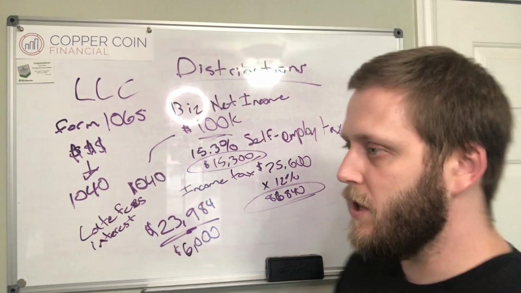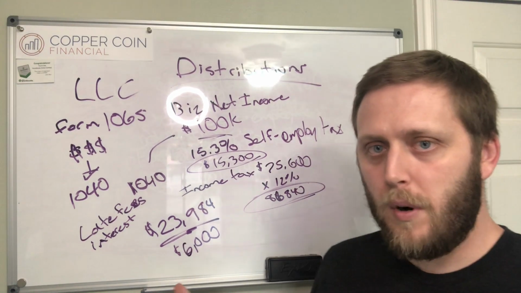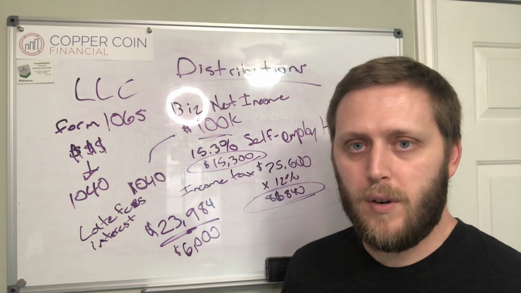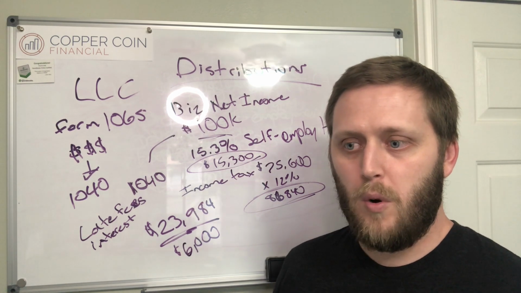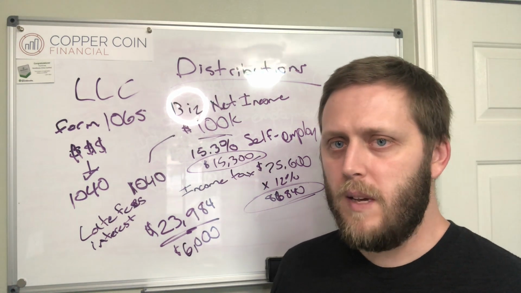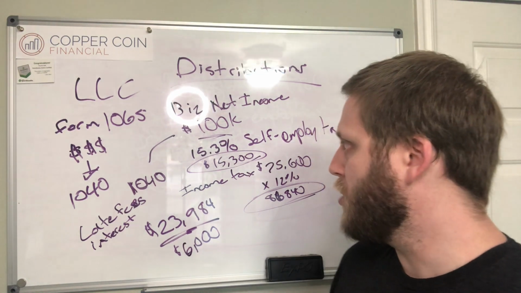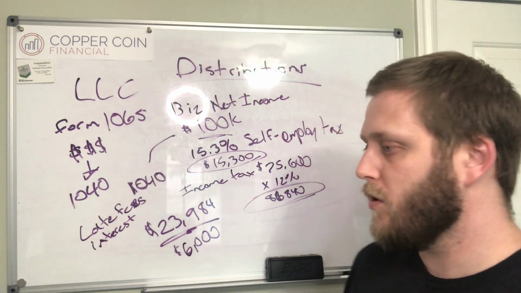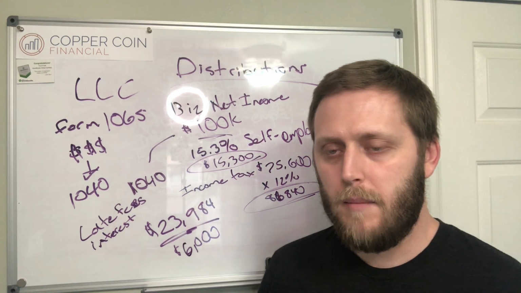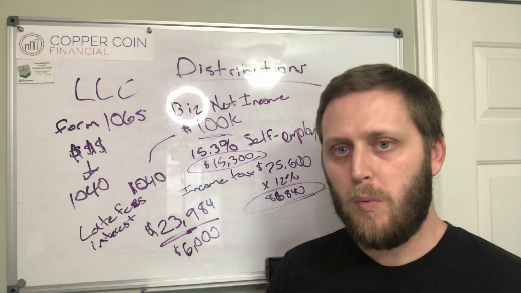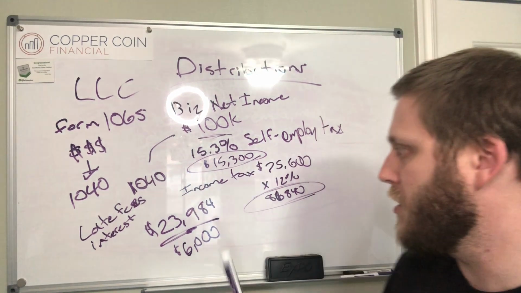You can have partners that will split profits 60-40 and losses 70-30. Or you can just split it 50-50. If by default you don't specify in your articles of organization how you want to divvy that up, it's by default just split evenly, both profits and losses. So keep that in mind as you set yours up.